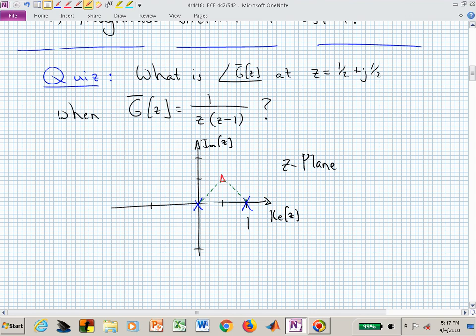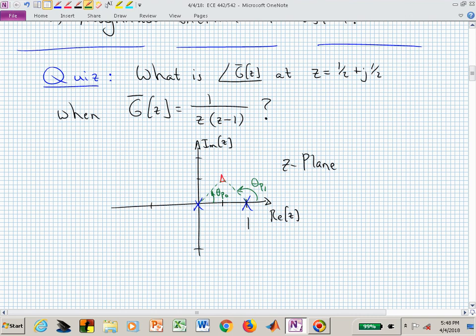Let me label this angle theta P1, since that's associated with the pole at 1, and let me call this angle theta P sub 0. Those are the only two angles that I have associated with that transfer function, because I only have the two factors that are actually pole factors.